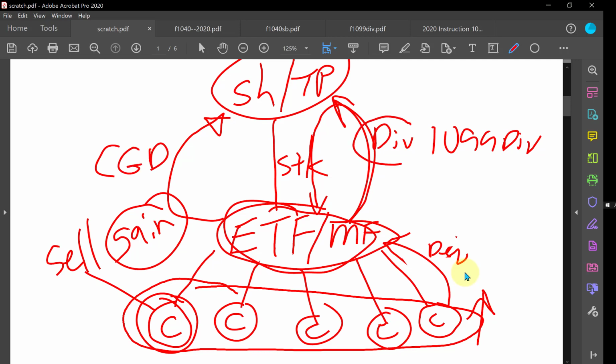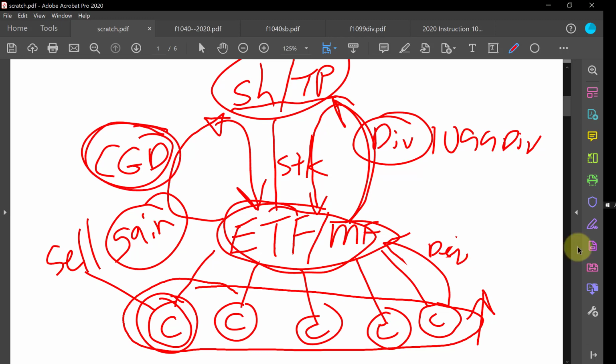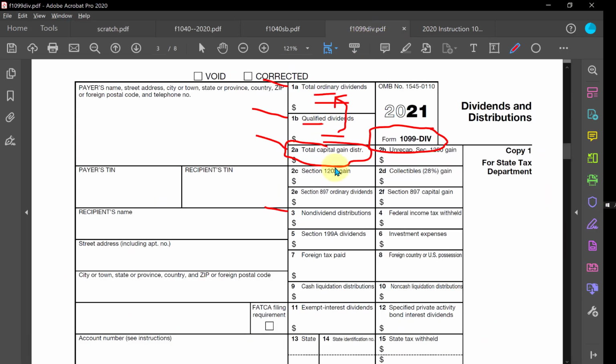Just like a dividend, it is treated as income allocated to the shareholder that they have to report. And again, probably it will be reinvested to buy more shares of the exchange traded fund. This capital gain distribution is taxable. It's reported here in box 2A.